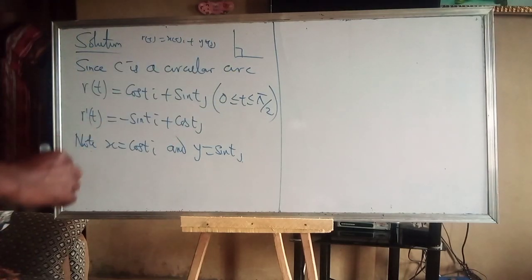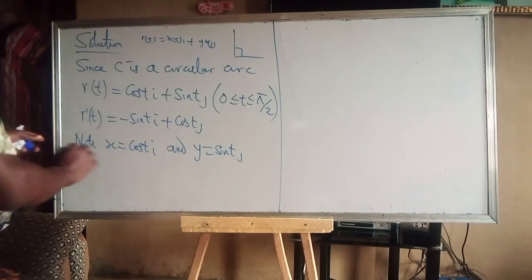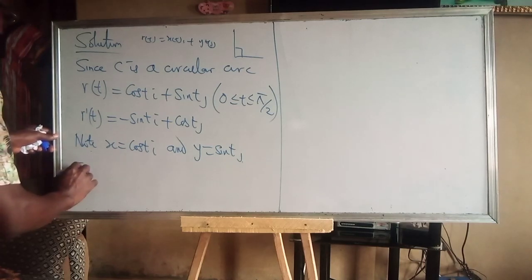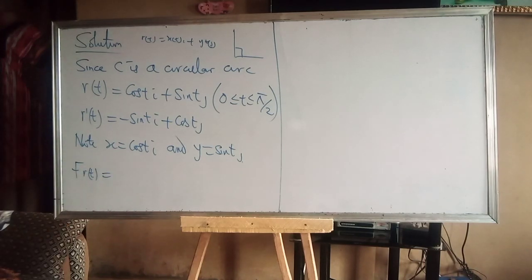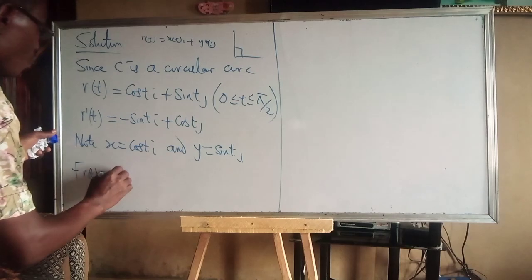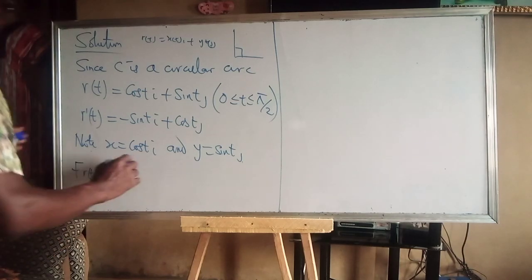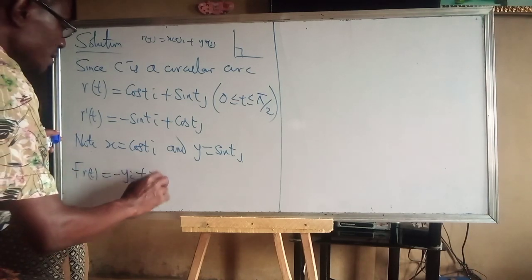So now our f of r of t will be equal to, from the question, what is our f of r? Our f of r from the question is minus y i plus xy j.